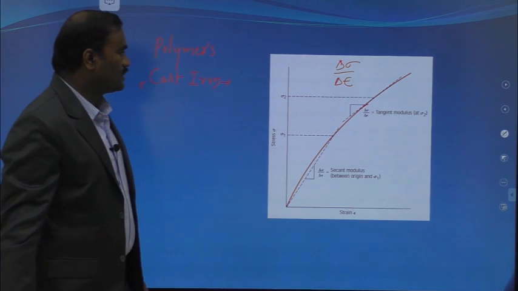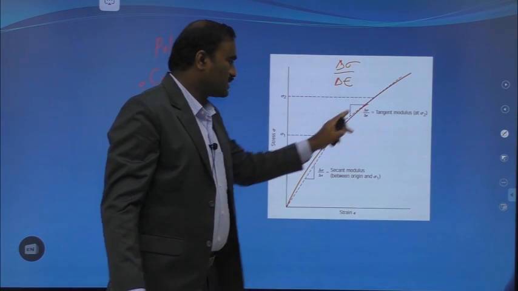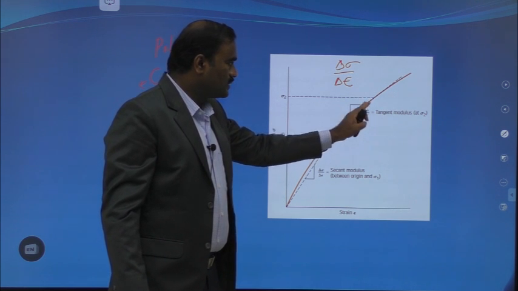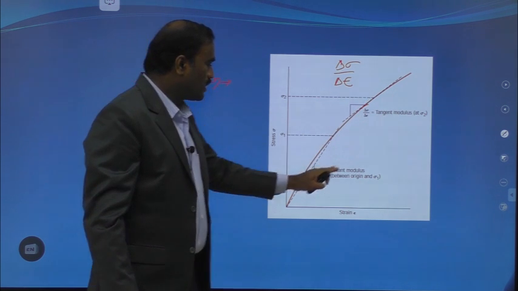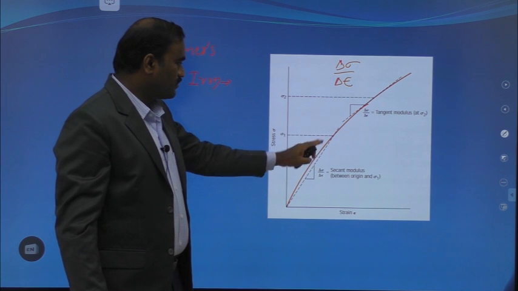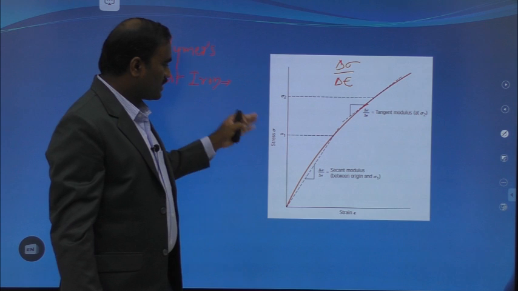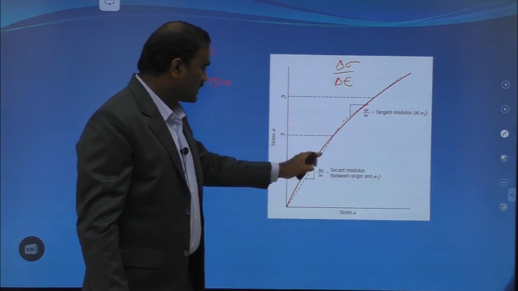So that is nothing but the slope of this tangent. You can find it by using the tangent modulus, or you can also find the stiffness of polymers or cast iron or cement by using the secant modulus.